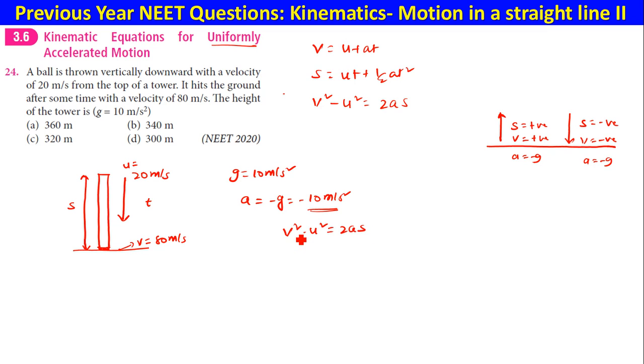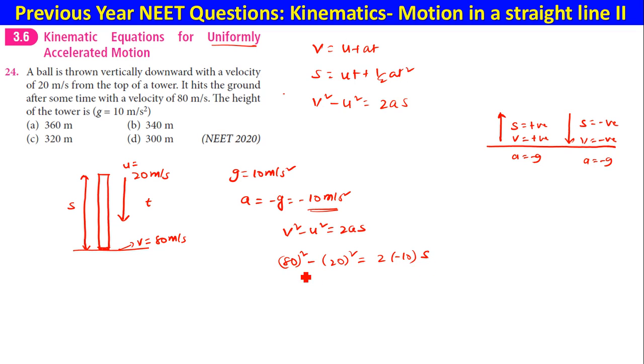What is v square? Finally when it reaches the ground, 80 whole square. Initially the velocity is 20 whole square. So 2 into acceleration, minus 10, and s is nothing but the height of the tower.